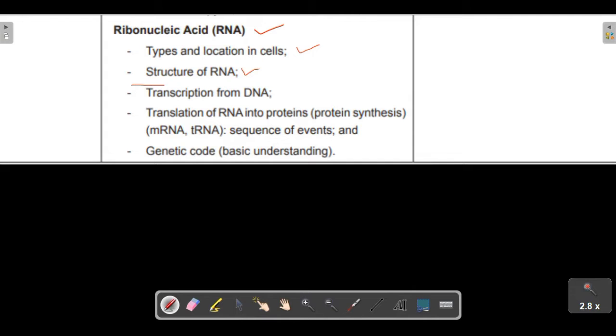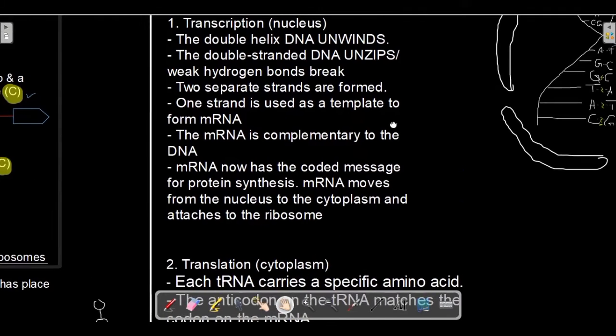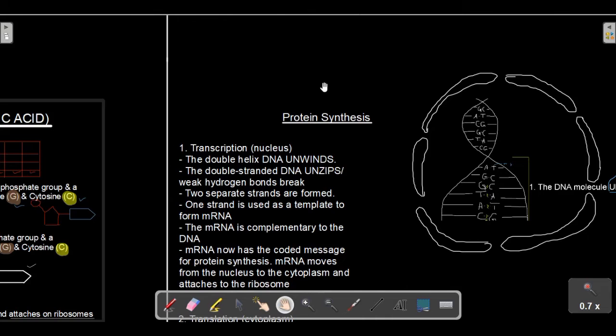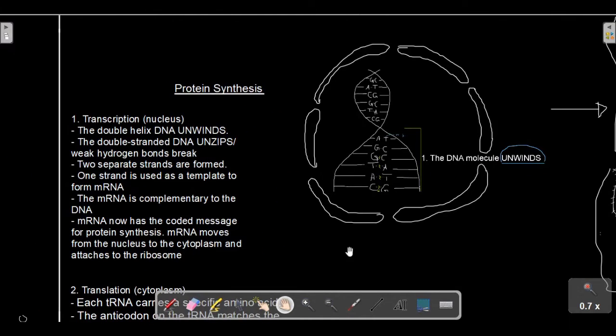Now, this is what we are going to cover. It's even written, sequence of events, so we need to go through that. It's very important that you know the sequence of events, even in your DNA replication, which is quite similar to protein synthesis.